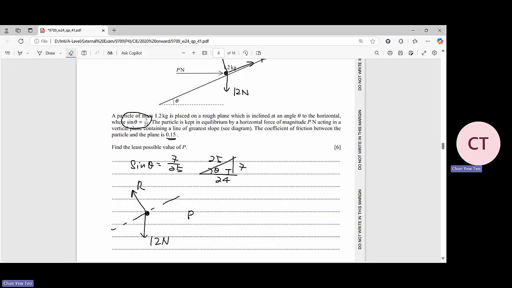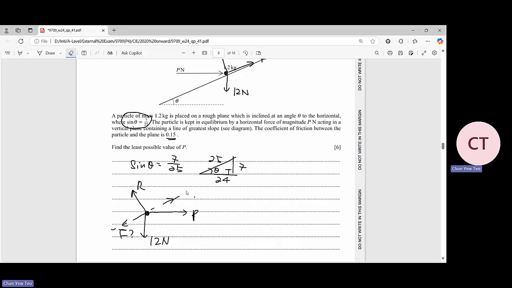Now the problem is where should we represent our frictional force? Does the frictional force go up or down? They are looking for the least value of P, which means they want P to be as small as possible.